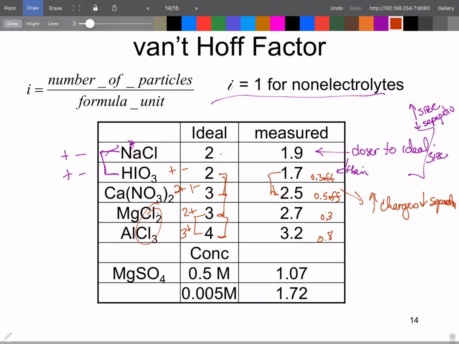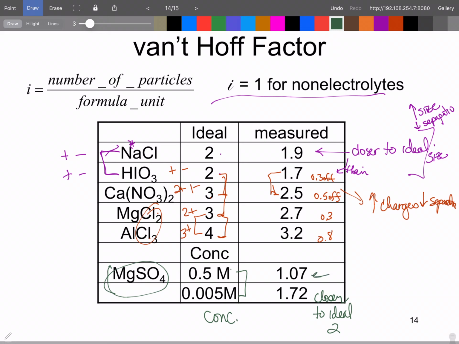So as you look at the charges and you look at the size of the particles, those will have huge effects. Now, if we take the exact same solution, the same compound, we're going to differ by concentration. You'll notice this one is closer to ideal, which is 2, than this one.